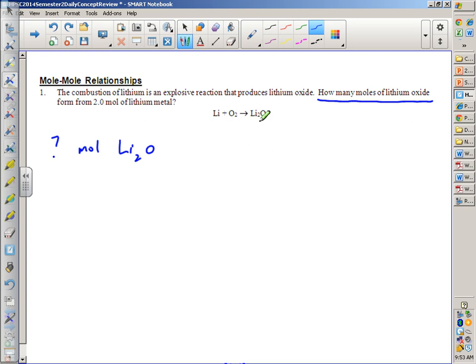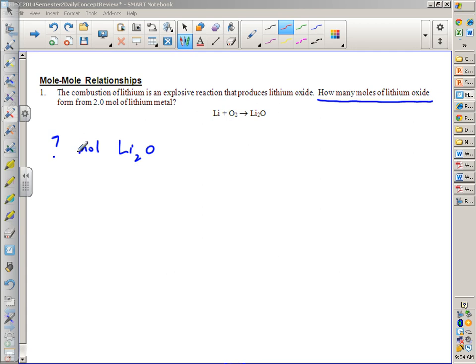All right, after we figured out what we're looking for, where do we go next? We know what we're looking for. What should we do next? What do we know? Right? So what's one thing that we know from this problem? What are we starting with? We're starting with lithium.